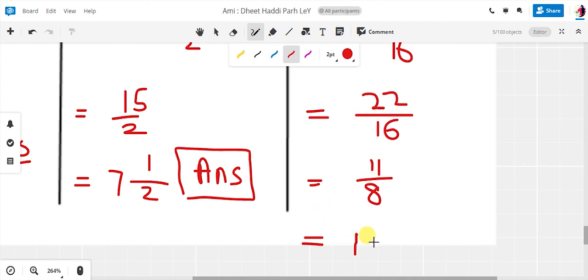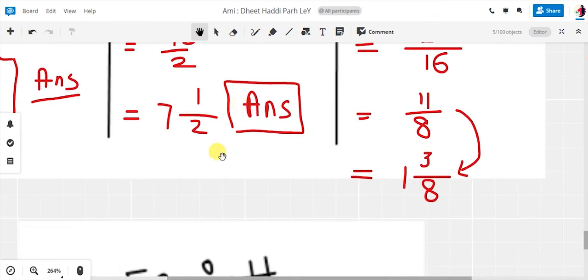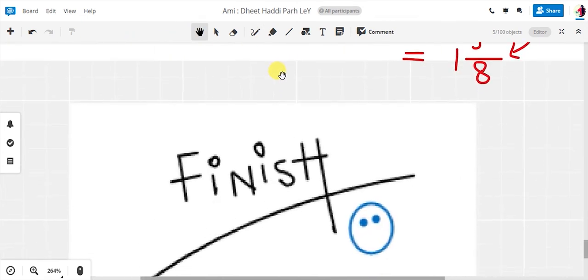When I convert it, my answer becomes 1 whole 3 over 8. I'm not telling you how I get from improper fraction to mixed fraction. You should be a super master in this, right? Okay, so we are done.